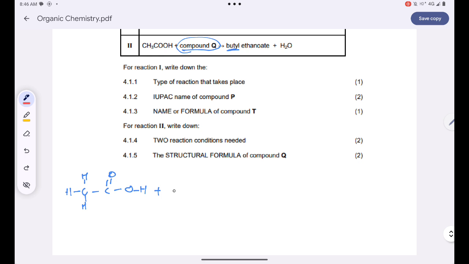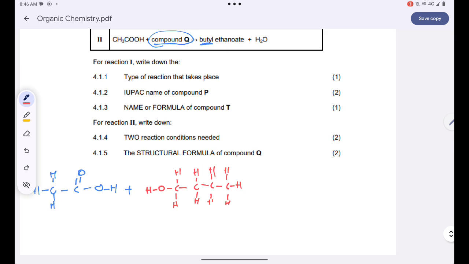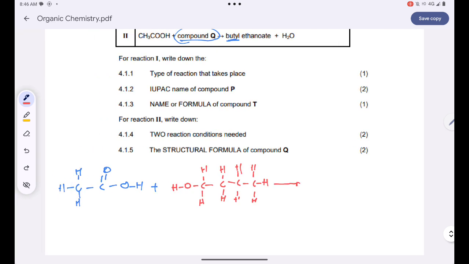So that's basically H, and then my final product will be butyl ethanoate. Let me start with the acidic part.